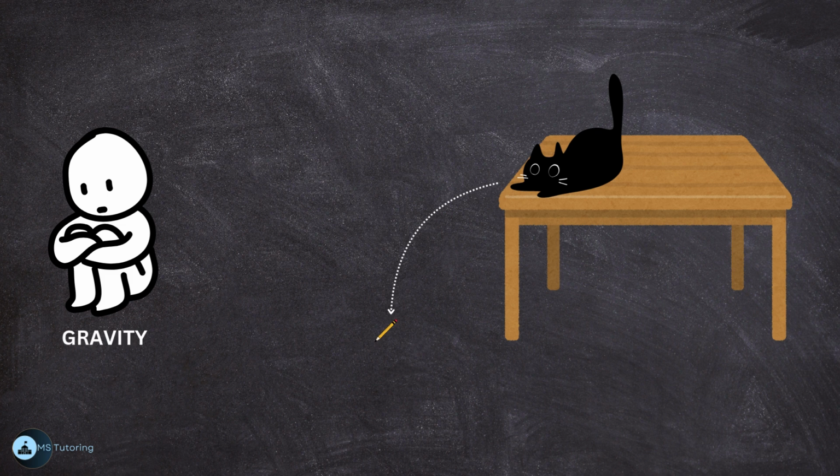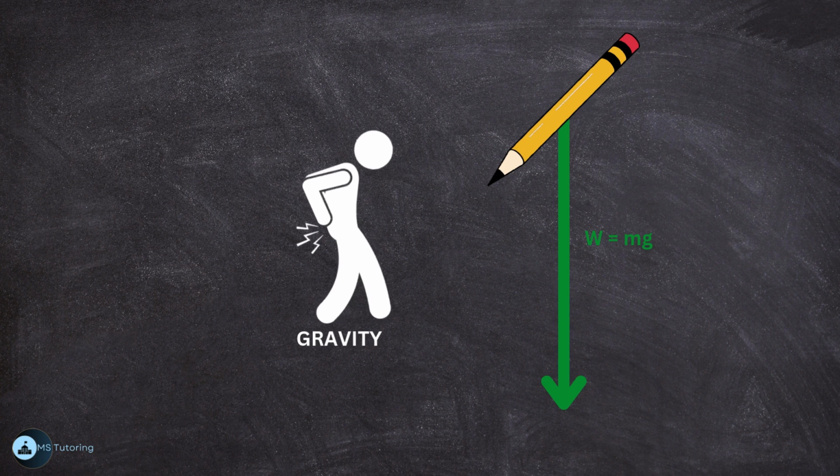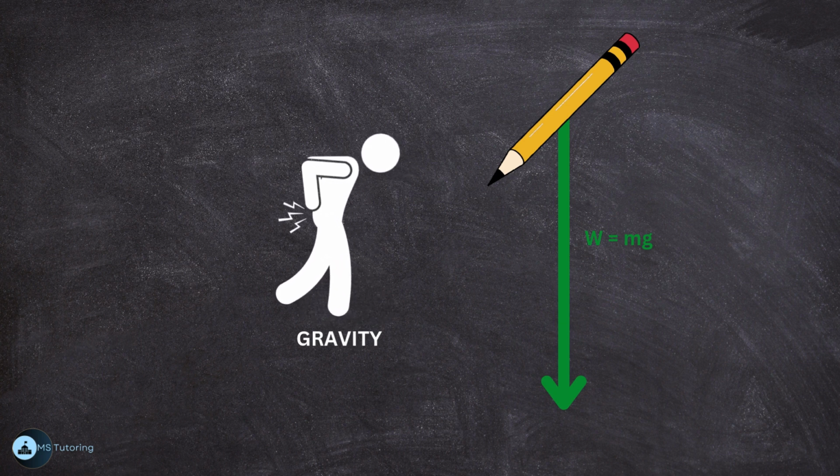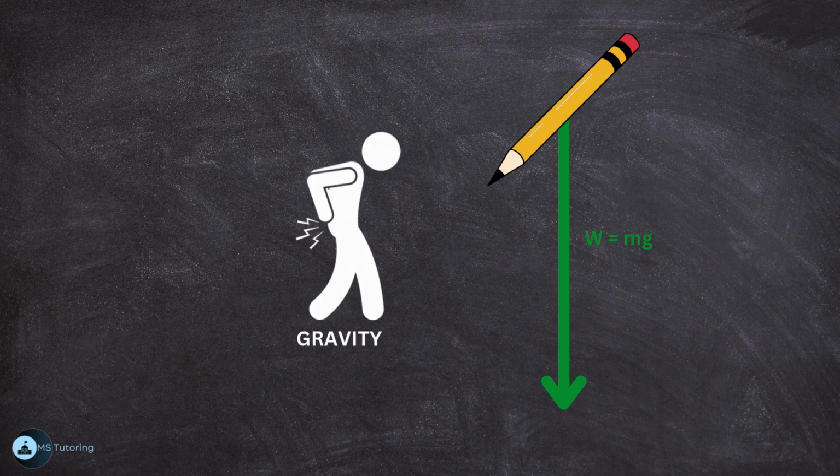The cat didn't oversee the process of bringing the pencil from the table to the ground. Gravity took on that job. So, if you think about it, all the cat did was give gravity the ability to step in and do its thing. And it's this gravity that will act on the pencil and perform work in physically dragging the pencil down to Earth. That's the key idea here.